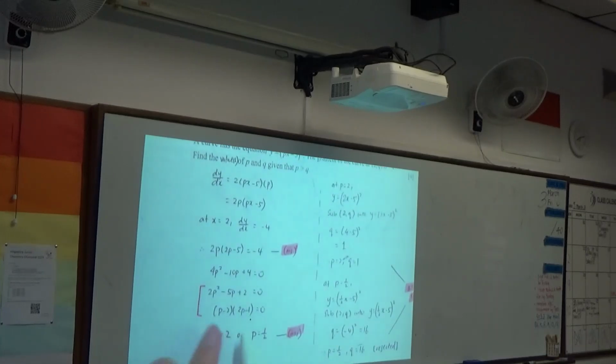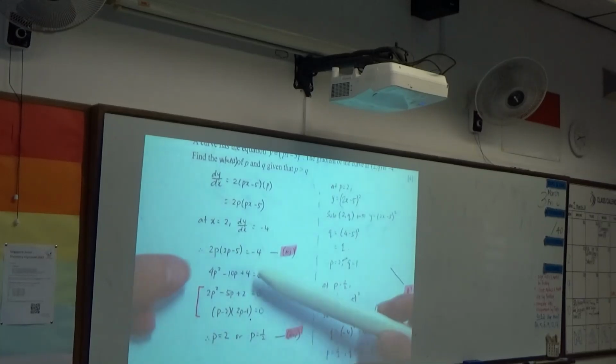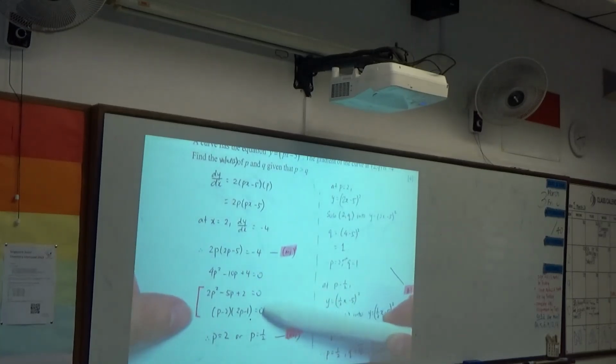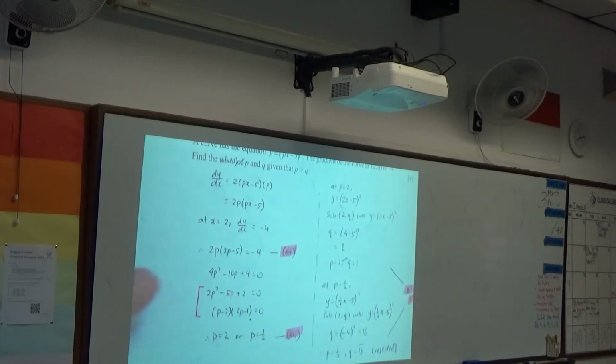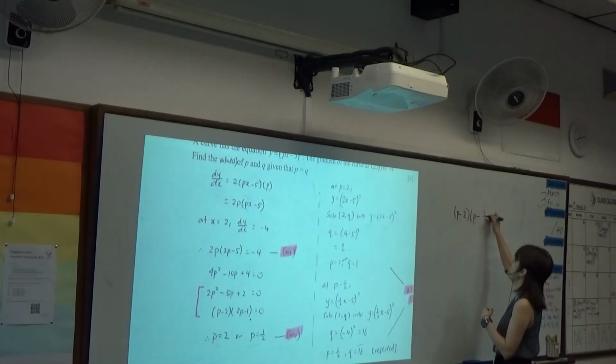However, I want to emphasize that there are a number of you I have circled, and then after that I made a small cross. Although I didn't penalize you for it, I want us to be aware about the factorization process. It cannot be possible for you to factorize from here to here. Or the worst is that some of you would give me p minus 2 bracket 1, p minus 2 and then p minus half.